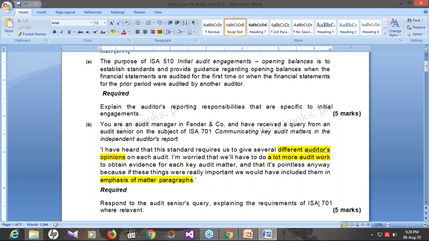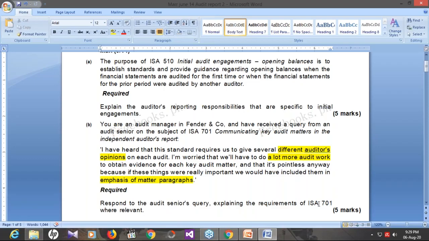For example, you can say that CAM are the matters that are most significant ones, while EOM, or emphasis of matter paragraphs, are fundamental to the user's understanding.